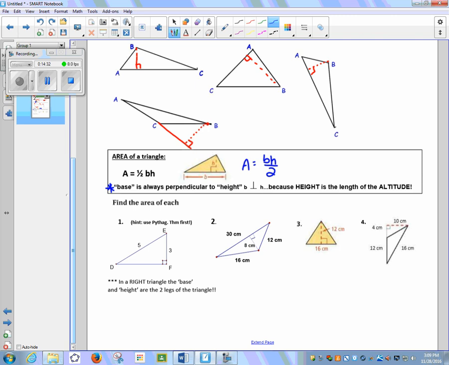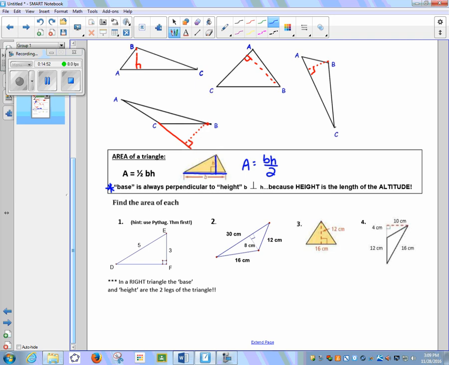So that is the significant thing. The base and the height are perpendicular to each other in this formula. So you're basically talking about the altitude and the base that it's drawn to, the side that it's drawn to. That's what you're multiplying to get the area of a triangle.